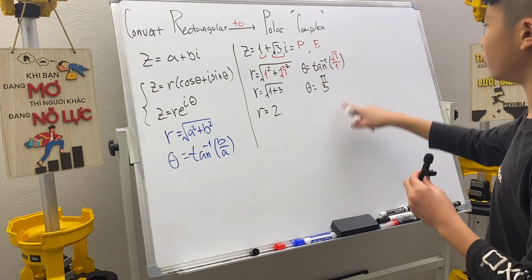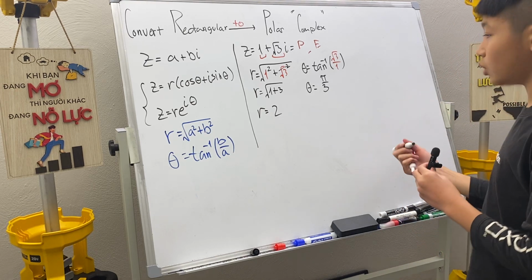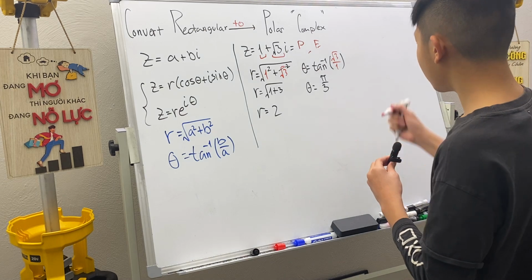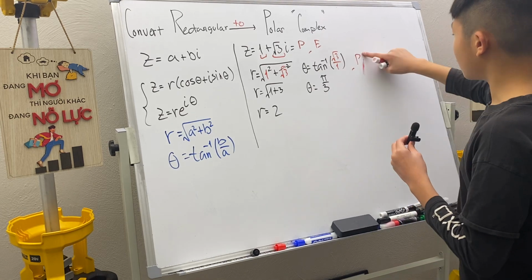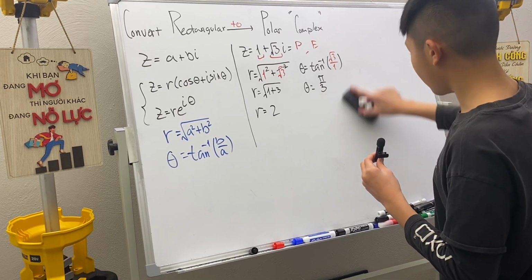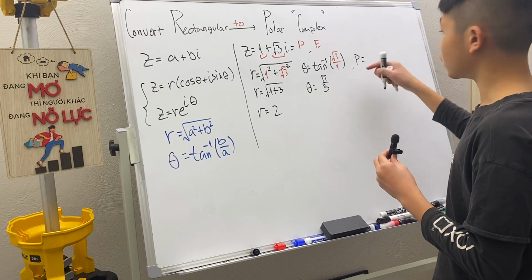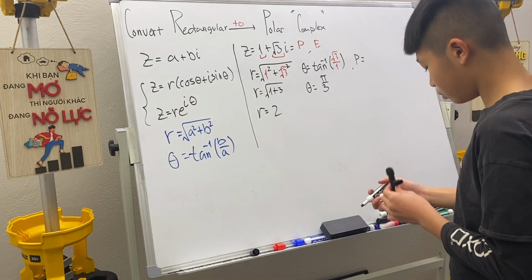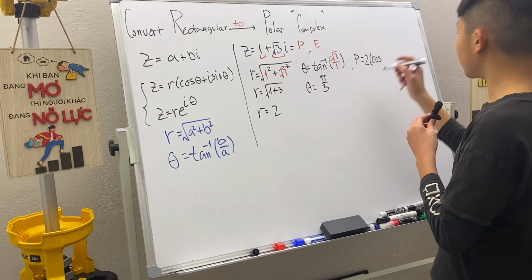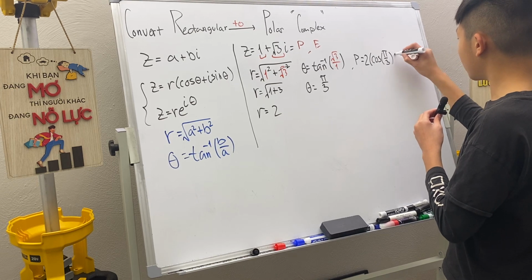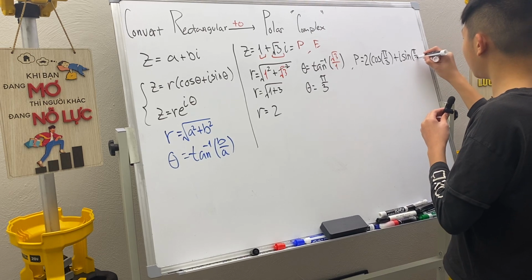You can also draw a right triangle to conclude this. Anyway, the polar form is going to be, let's write in black, r equals 2 times (cosine of theta, which is pi over 3, plus i sine of the angle, pi over 3).